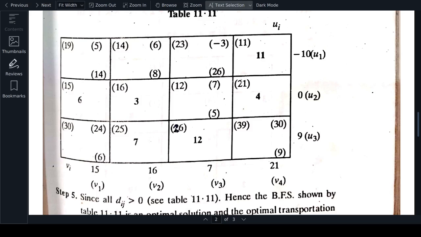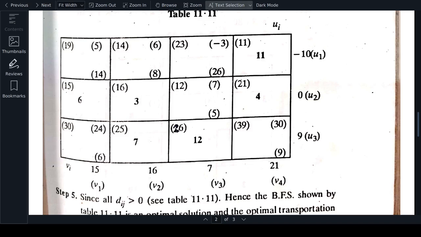Our occupied cells are cell 1,4, cell 2,1, 2,2, 2,4, cell 3,2, and 3,3.